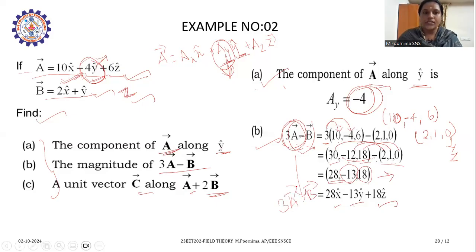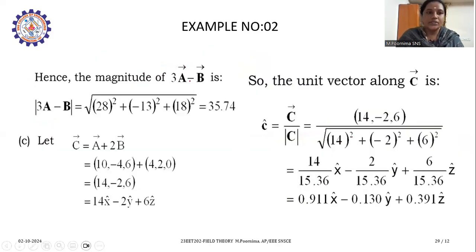Then the third component is the magnitude of 3A minus B. We already know 3A minus B. Now let C vector be A plus 2B.